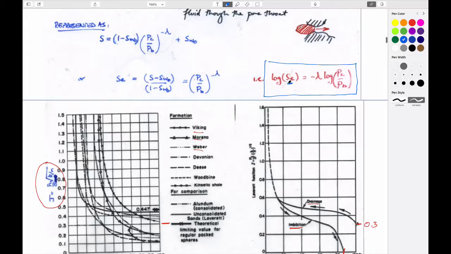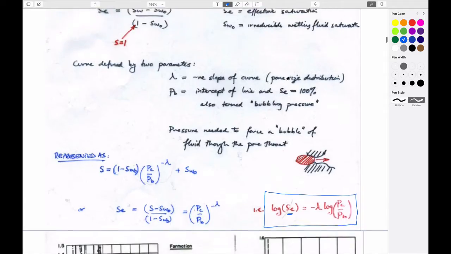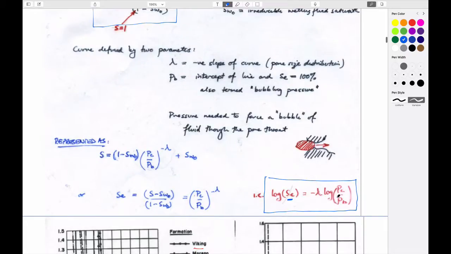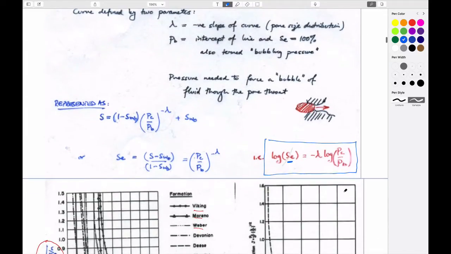which relates the log of the effective saturation, which we defined here, with a log of a capillary pressure divided by the bubbling pressure. So if we wrote that out in terms of what we've talked about, the log of the effective saturation is equal to a slope.